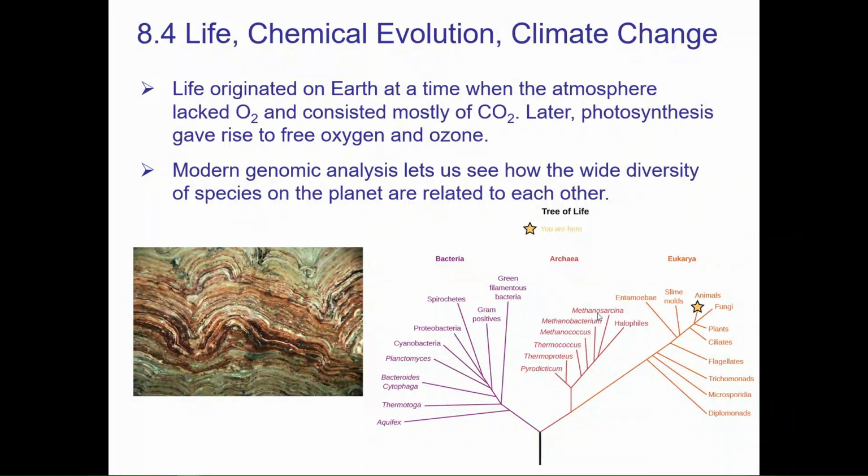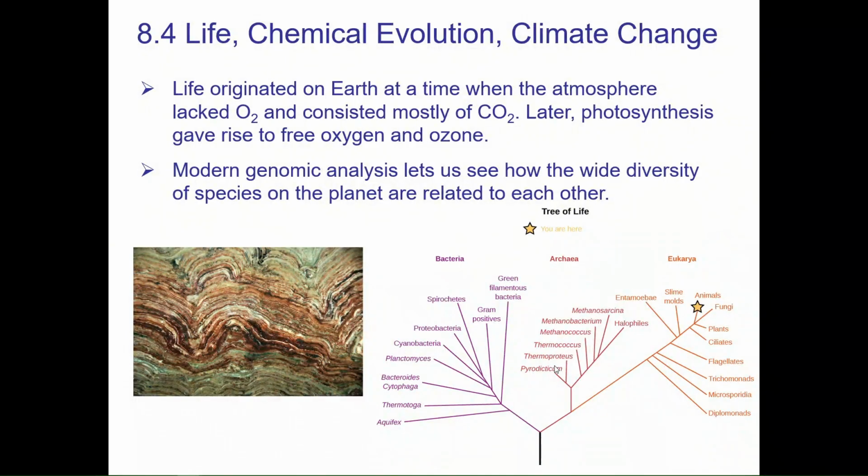Photosynthetic bacteria, and later the development of blue-green algae, could take in carbon dioxide, convert it into oxygen and release it to the environment. From that time, due to photosynthesis, we had a decreasing carbon dioxide level and an increase of oxygen.